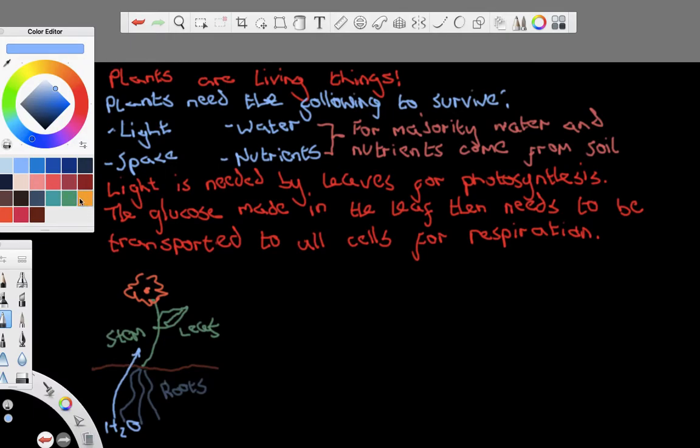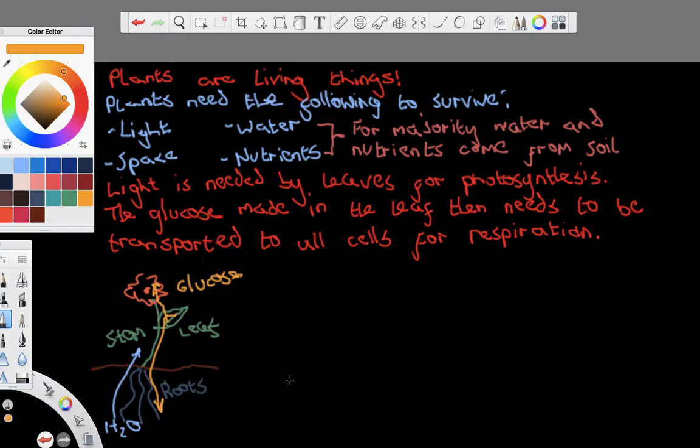Glucose, on the other hand, which is produced in the leaf, needs to be transported both down to the roots so they can do respiration and up to the flower so it can do respiration. So this is my glucose transport. Now, glucose is needed for respiration. Yes, plants do photosynthesis, but when it is dark at night time, plants then move over to respiration.